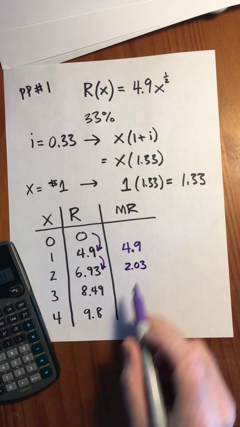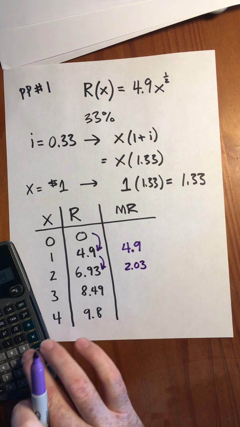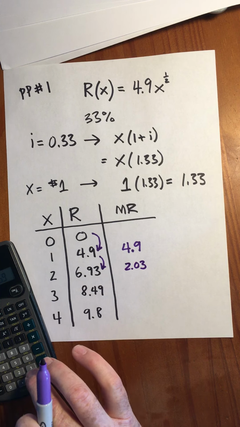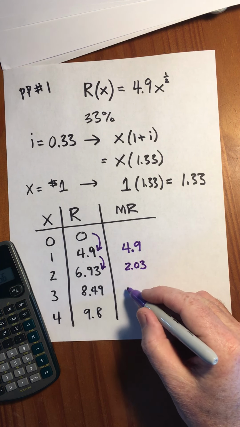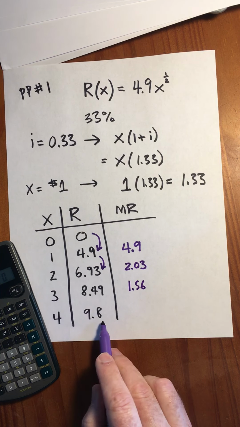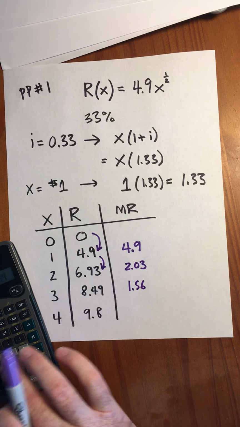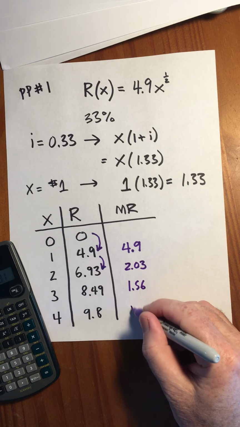That's my marginal revenue. Do the next one, 8.49 minus 6.93, and I'm getting marginal revenue here of 1.56. And then the next one, 9.8 minus 8.49 is 1.31.